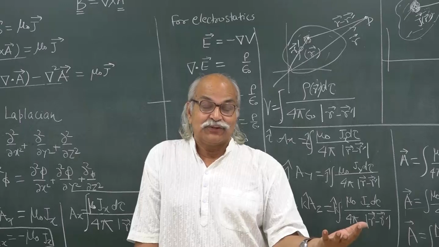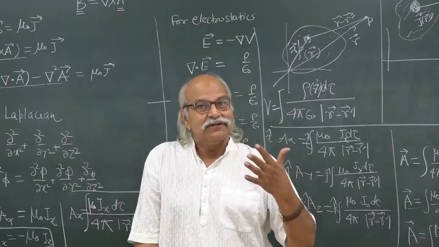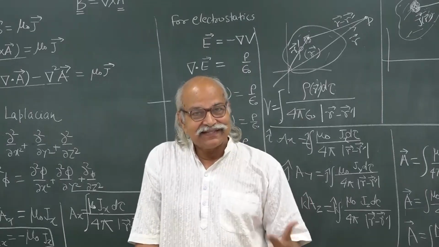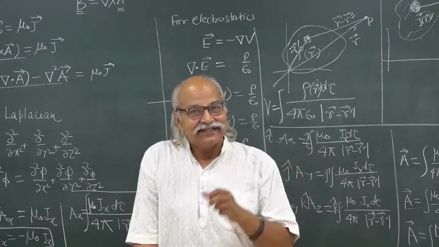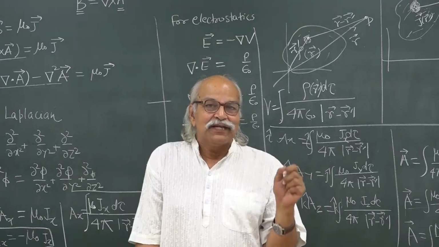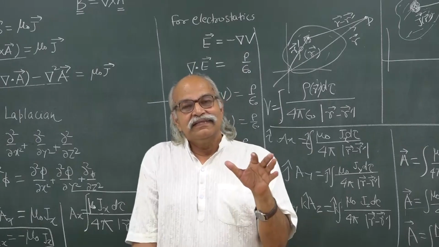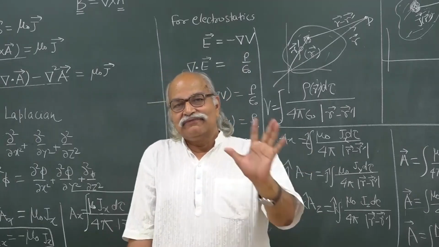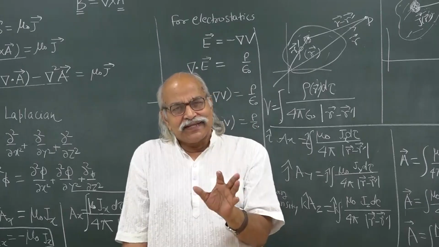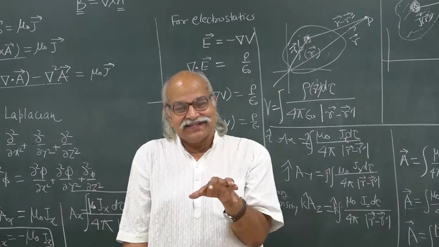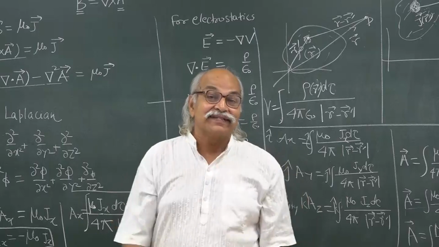Current density is given to you, x component of current density. We will have separate calculations for Ax, Ay and Az. For each of the components Ax, Ay, Az, this recipe is to be used. I am looking for Ax, the x component of vector potential, then the current density is given to me everywhere, wherever there is a current, and we will assume that the x component of that current density is actually a charge density.